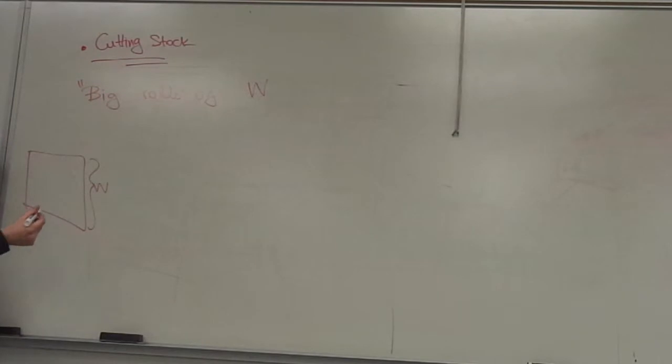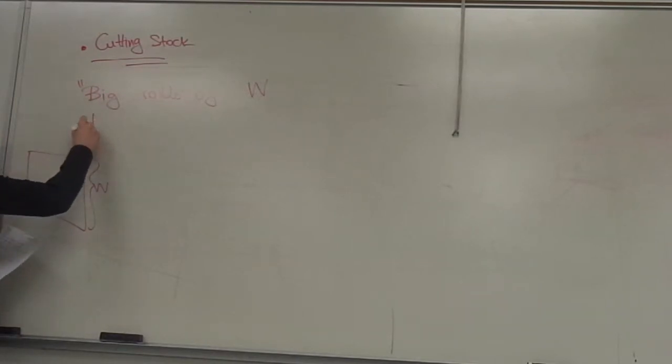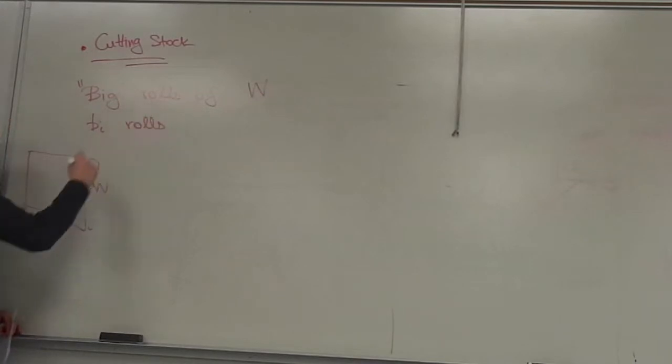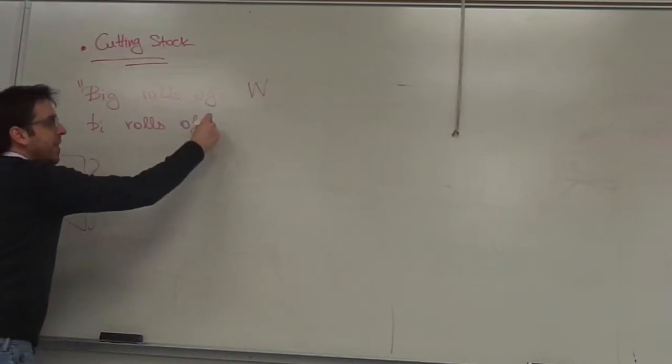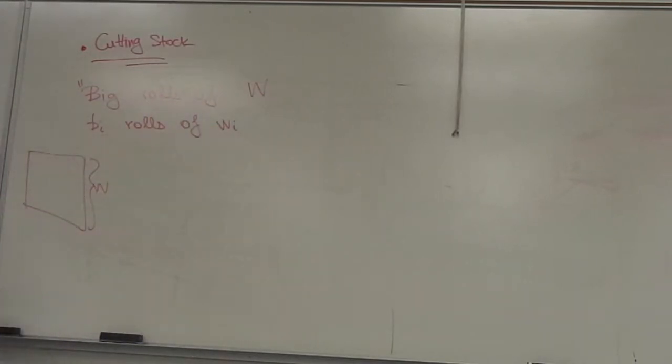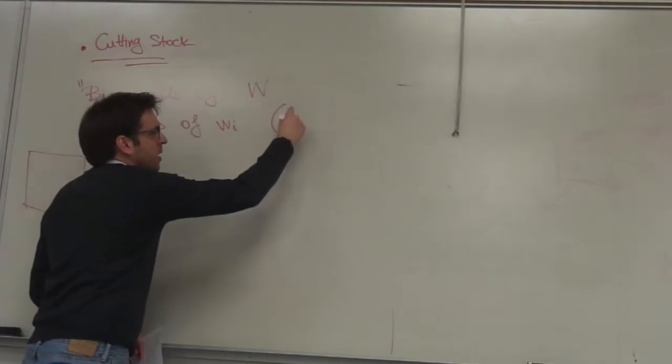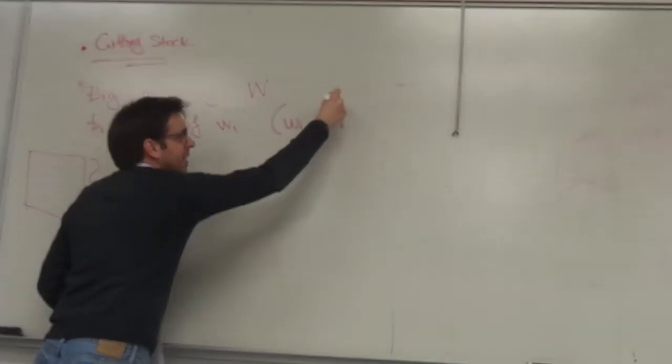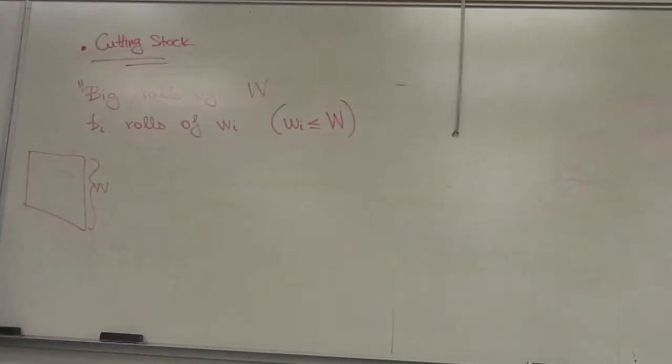And customers come in and they want a number b_i of small rolls of width w_i. And of course, I can easily assume that w_i is less than or equal to big W. I can assume that no customer is going to come in when they know that I have, let's say, 10 feet of paper and ask for 12 feet.